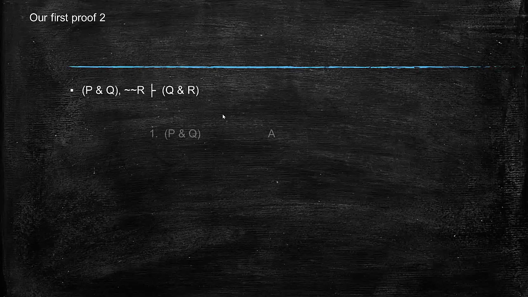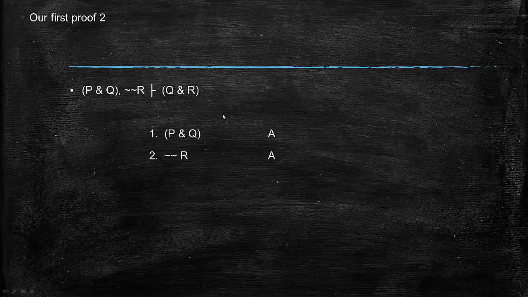So again, we've written it down, and we know that we need Q and R. And so now you have to look at it and say, all right, how could I make Q and R? I've got to make Q and R somehow. And if you think about it a little bit, you'll see that I've got an assumption, not R, which by one of my rules would create R, negation elimination, right?